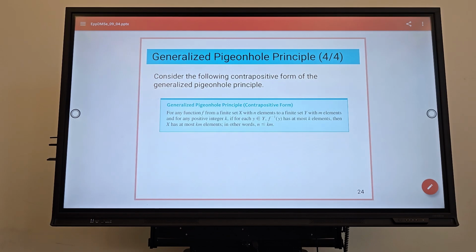Consider the following contrapositive form of the generalized pigeonhole principle.